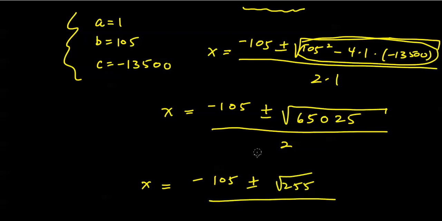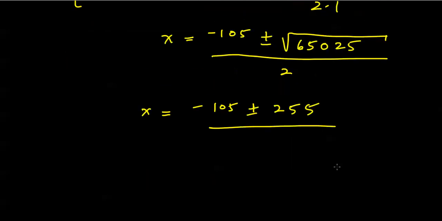Oops. Classic mistake there. The square root of 65025 is 255, no root sign there, right? Divided by 2.